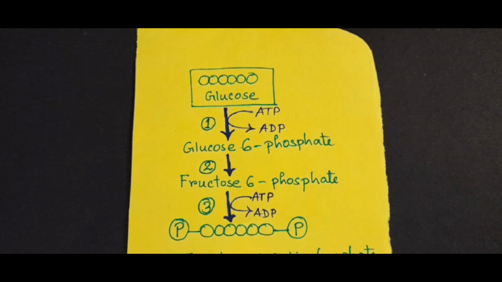The phosphate groups make the modified sugar, now called fructose 1,6-bisphosphate, unstable, allowing it to split in half and form two phosphate bearing 3 carbon sugars. Because the phosphates used in these steps come from ATP, two ATP molecules get used up.